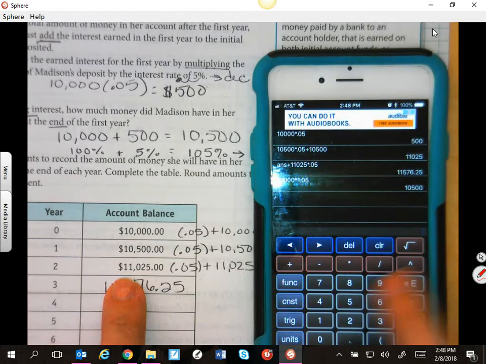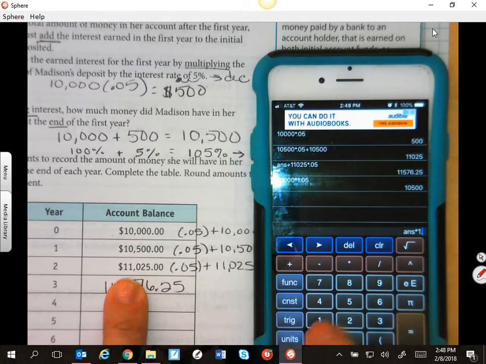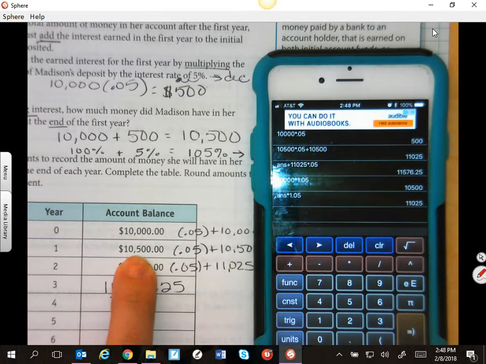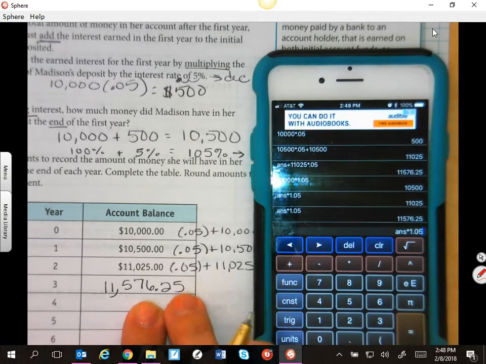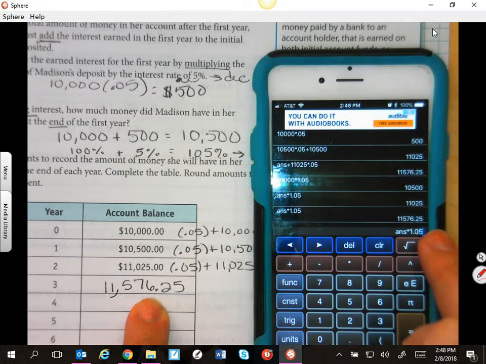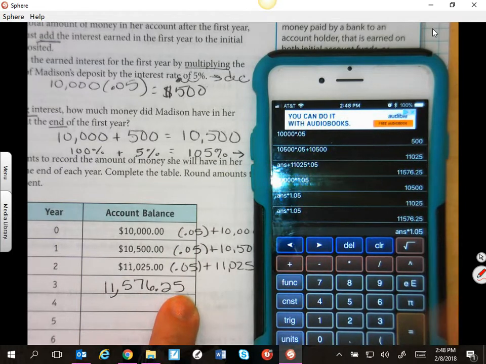We could then say times 1.05. There's my 11,025. I can do that times 1.05. 11,576 times 1.05, because we're just multiplying by 0.05, which we see there, and adding that extra 100%, which we got. So instead of multiplying and then adding, we added our percentages together, and now we're multiplying by our total.